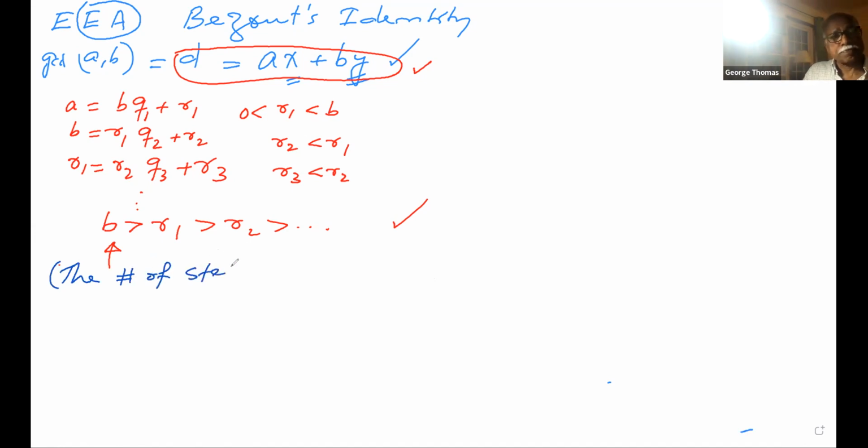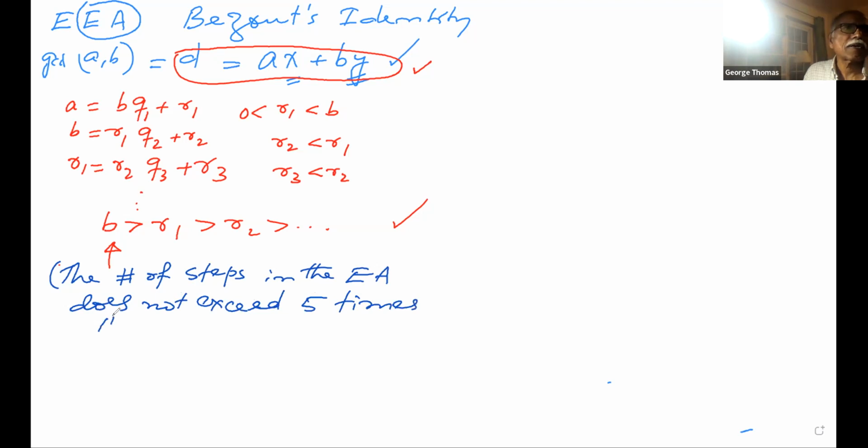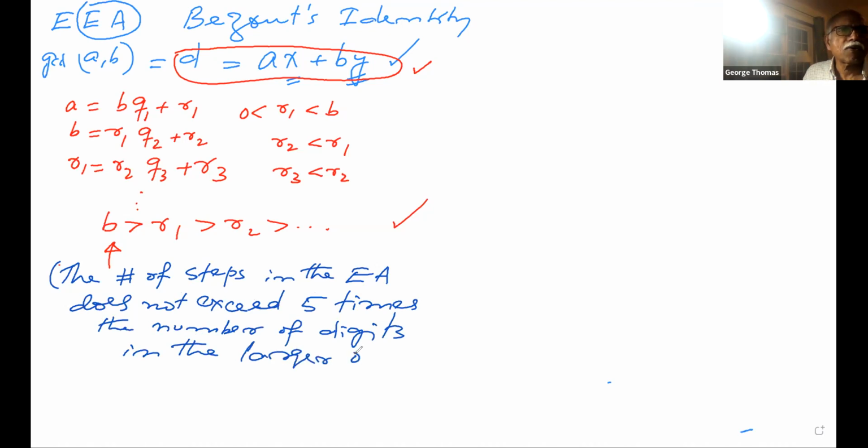The number of steps in the Euclidean algorithm does not exceed 5 times the number of digits in the larger of A and B.